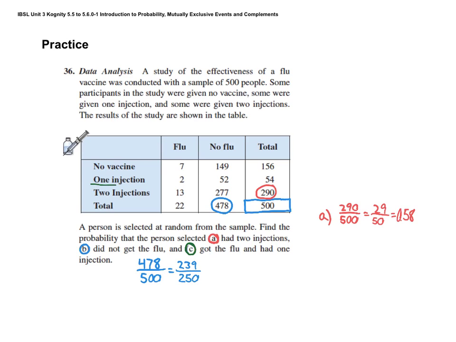So here, look at this row. This is the people who got one injection. Here are the people who got the flu. So where do those intersect? Again, we're thinking "and." So that's 2 out of 500 or 1 out of 250.